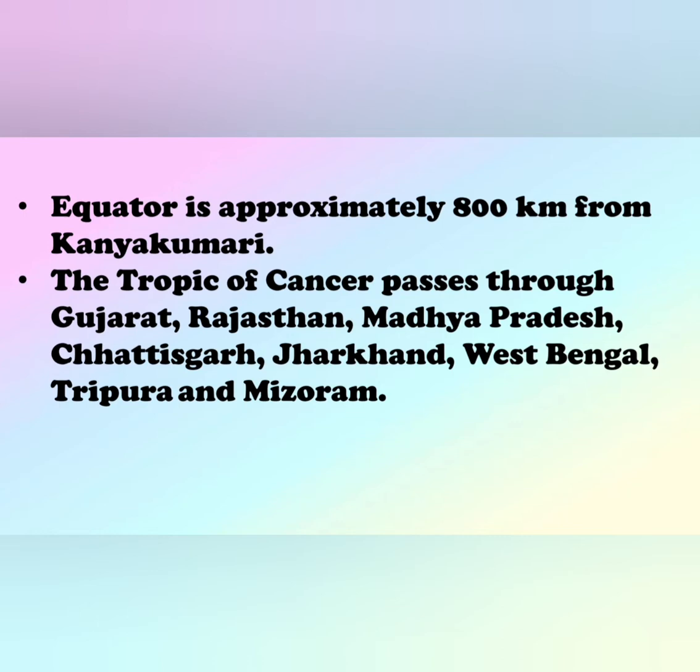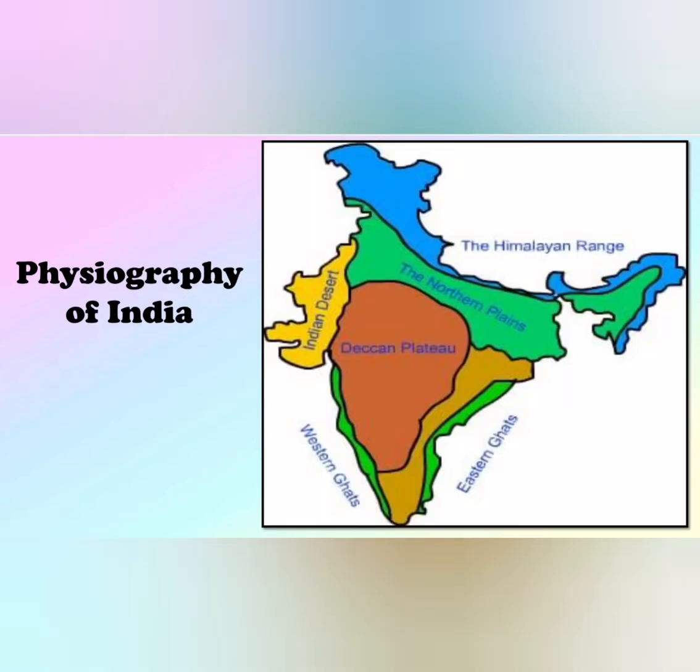I hope this is clear to you. Children, you can write down these points in your notebooks as it will make it easier for you to remember them. Today, we are going to start with the physiography of India.